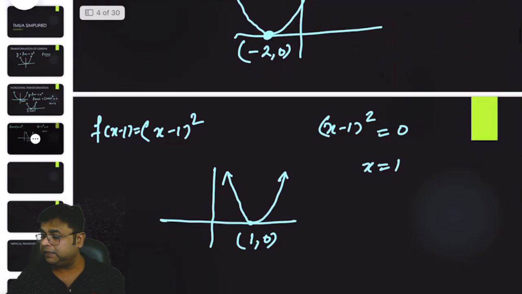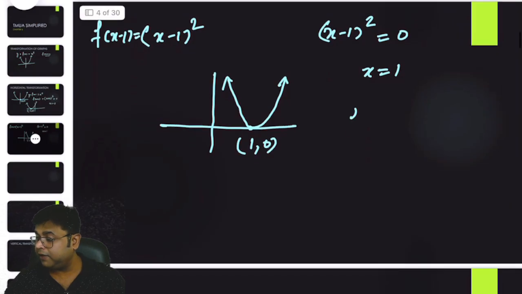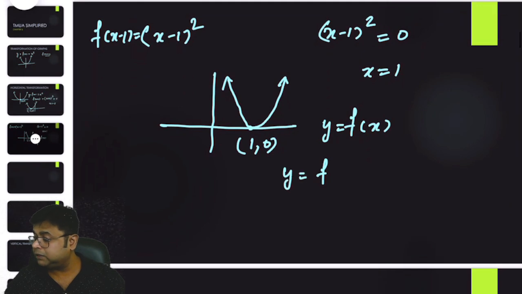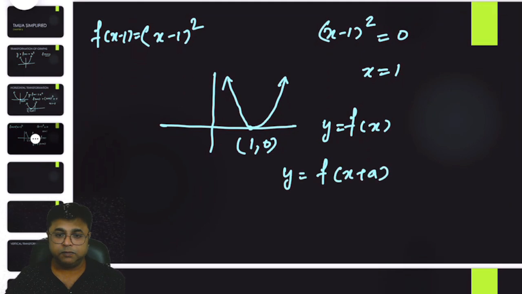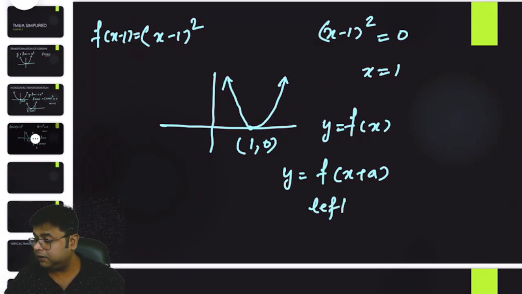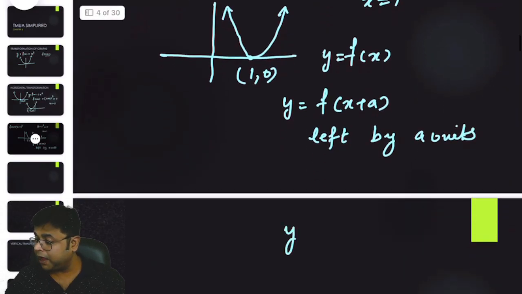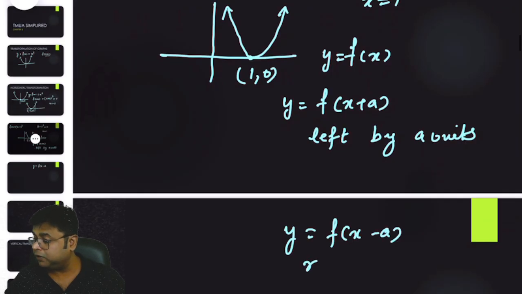If we generalize, and suppose f(x) is the graph, then the graph of y = f(x + a) will be a horizontal transformation, and the graph will move to the left by a units. The graph of y = f(x - a) will move to the right by a units.